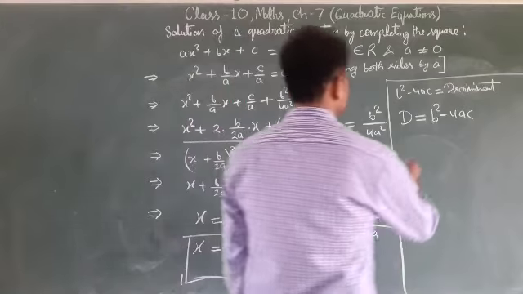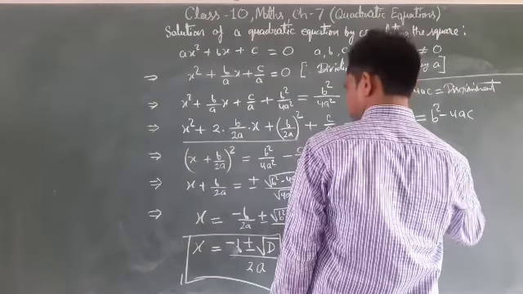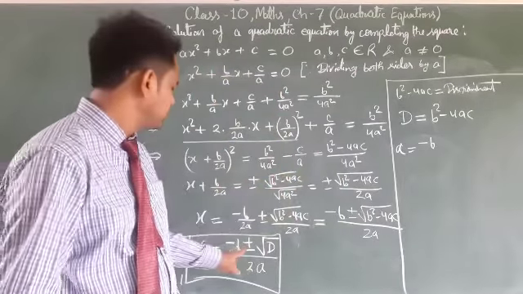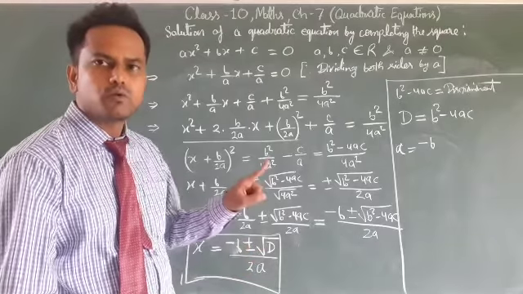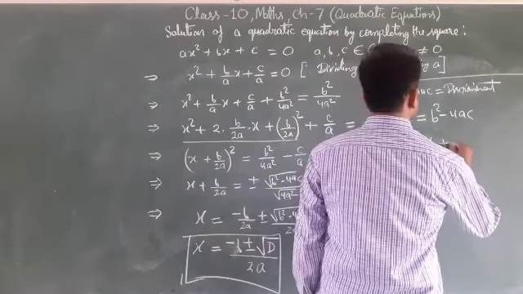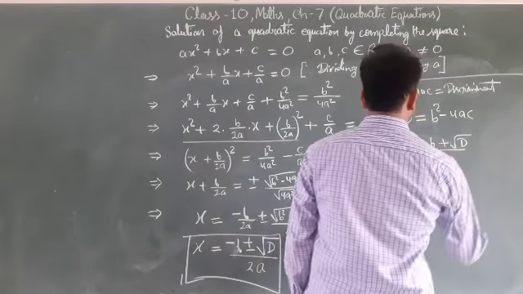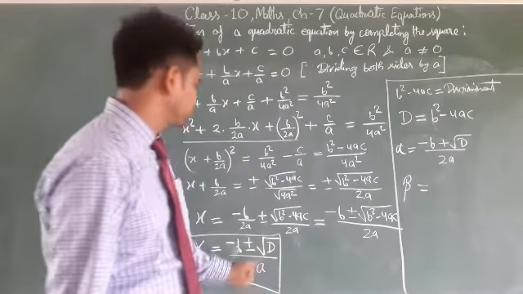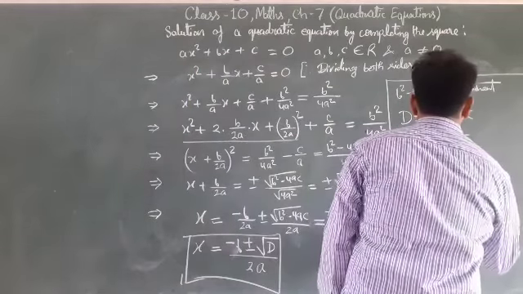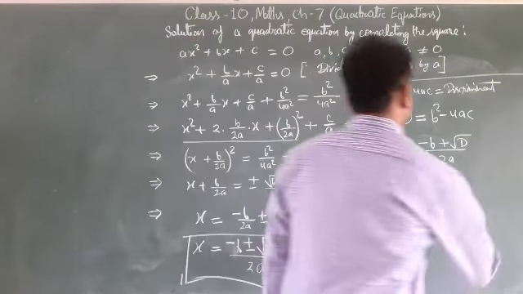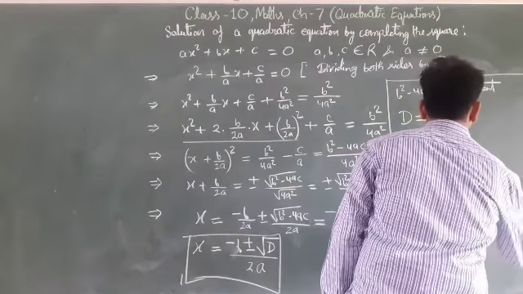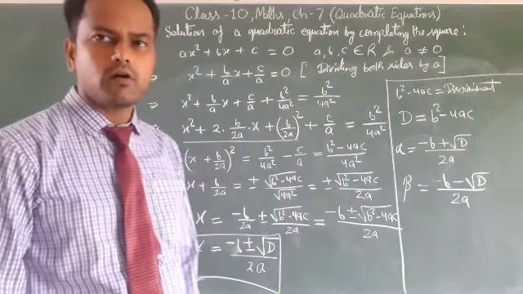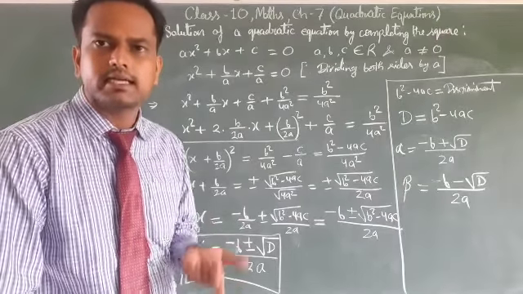It means alpha is equal to, if we take the positive sign, minus b plus root D upon 2a, and beta, if we take the negative sign, then we get minus b minus root D upon 2a. Alpha and beta are called roots of the quadratic equation.